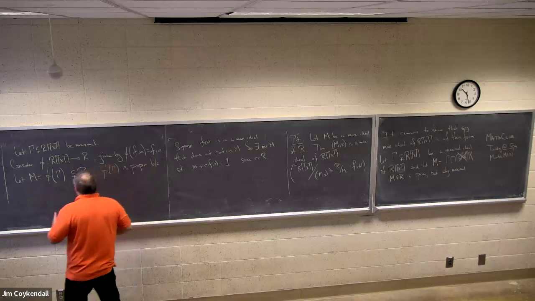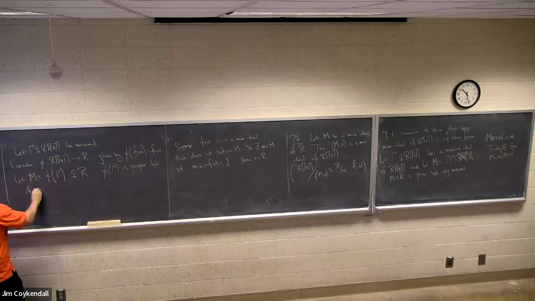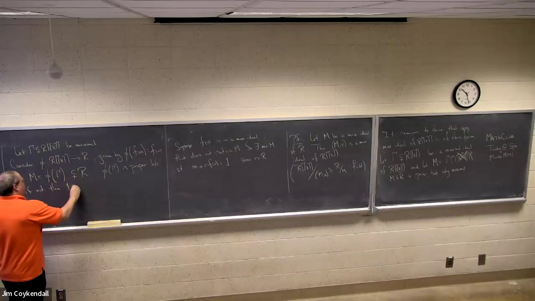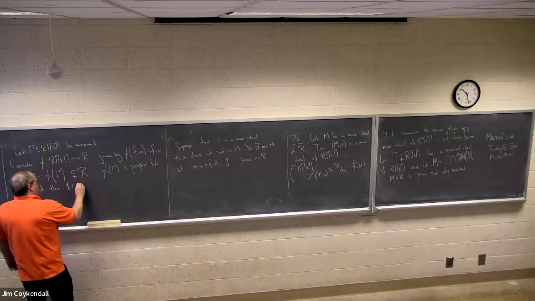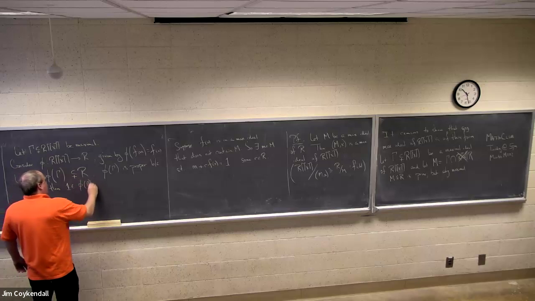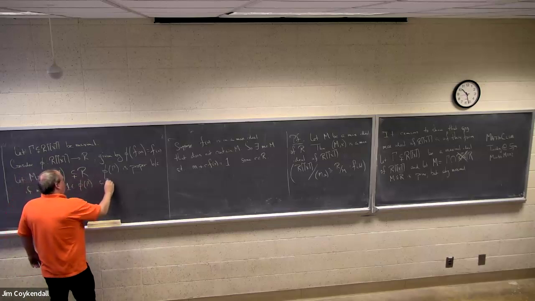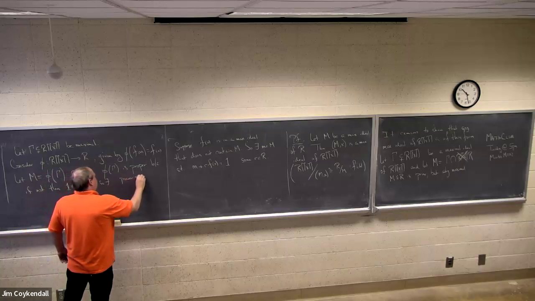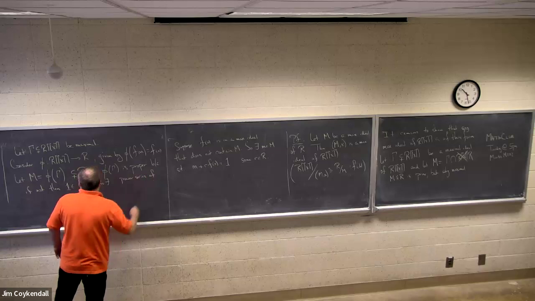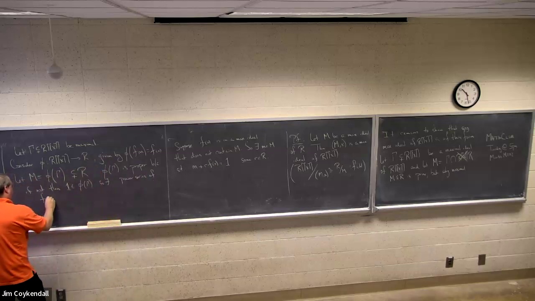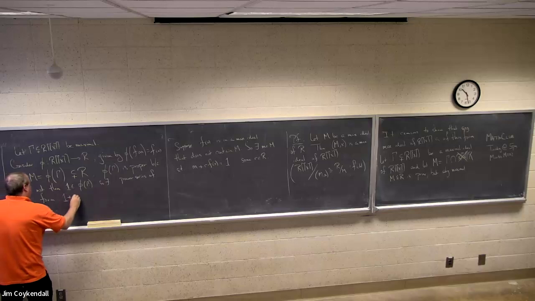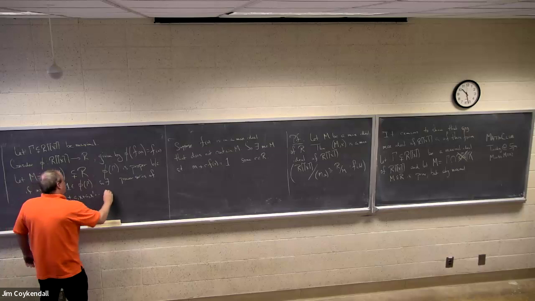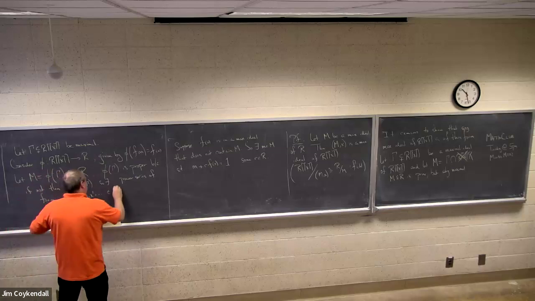Because if not, then 1 is in phi of gamma. So there exists a power series of the form 1 plus A1x plus A2x squared and so on in gamma.